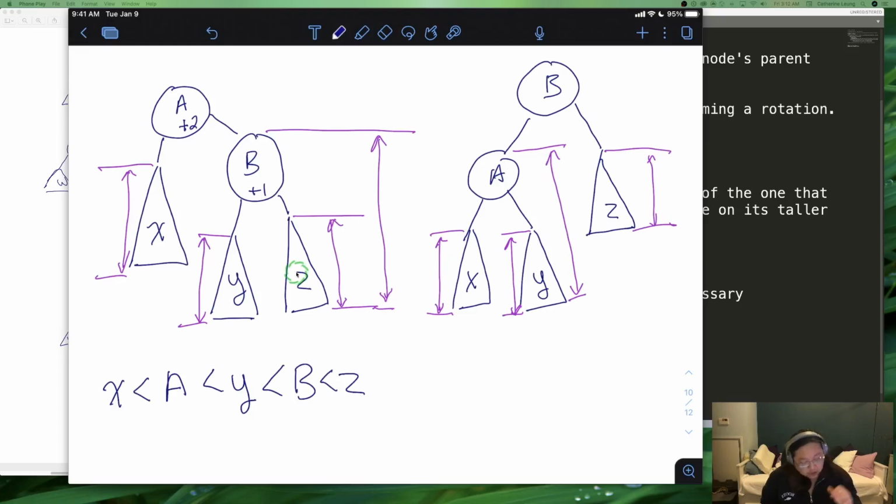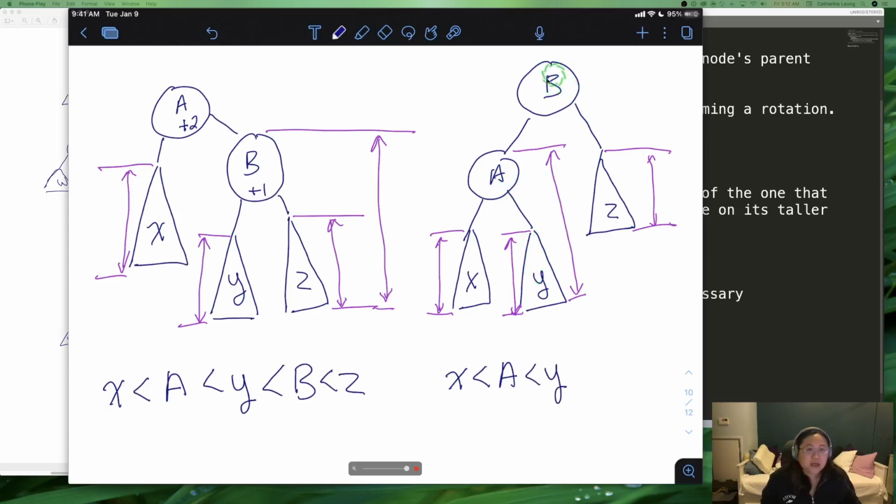So that's the idea in terms of where values are with respect to each other in this particular tree. Now, when the rotation finishes, the values have to be in trees where this inequality holds. This expression has to hold throughout. So if we look at this tree, X is still smaller than A, because it is to the left. Y is bigger than A because it's to A's right.